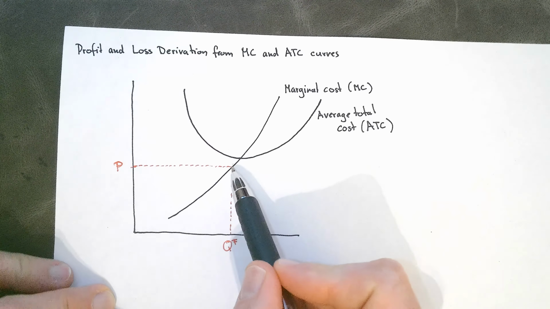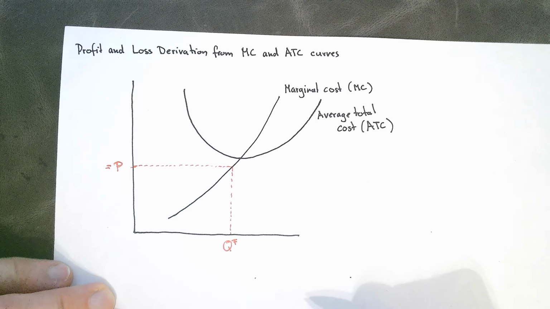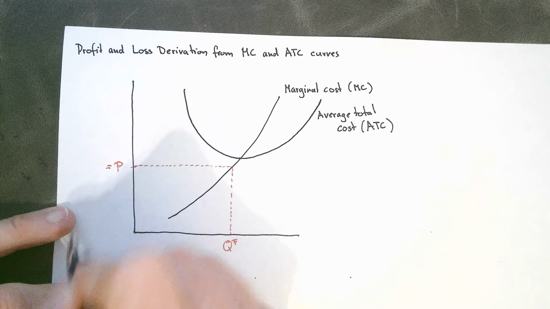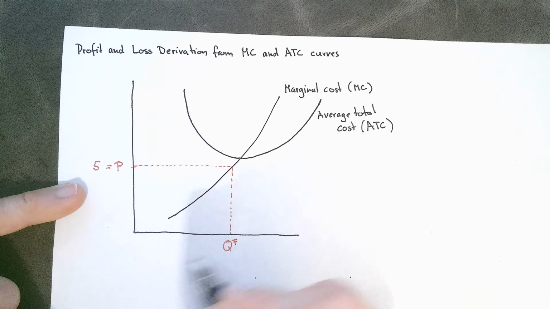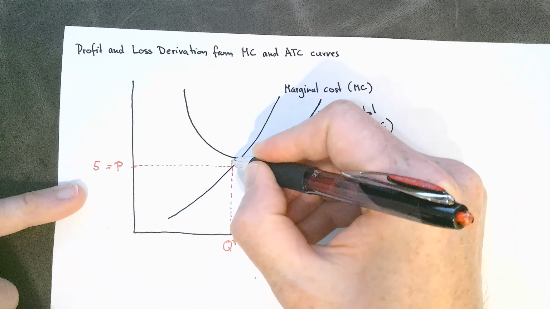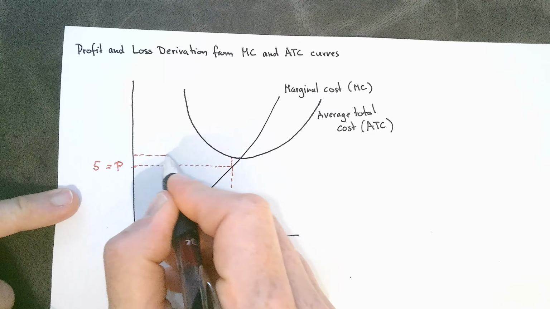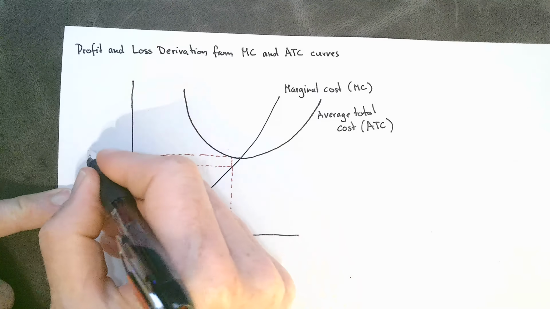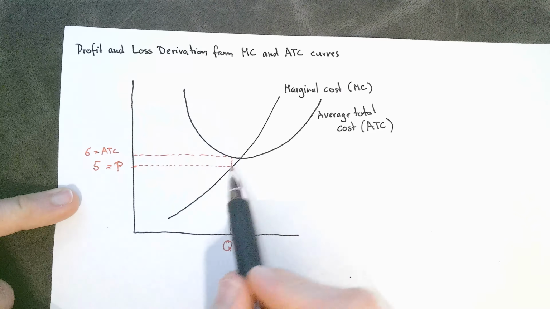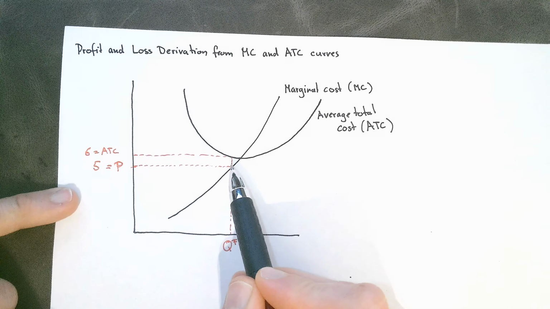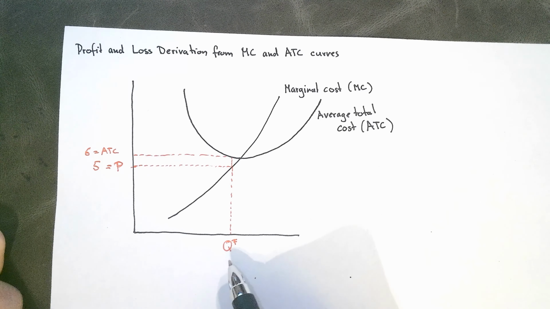Now here, though, we see that, say, the price the producer receives is $5. But what it costs them to produce is maybe $6. Again, the $6 would be the point on the average total cost function at the production quantity QF.